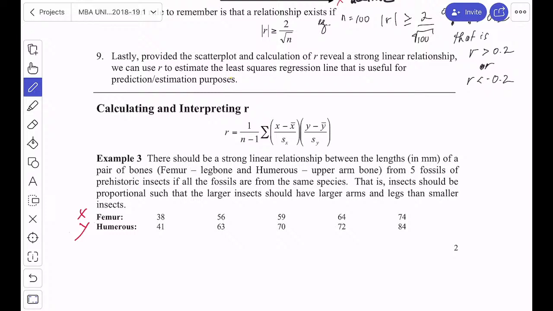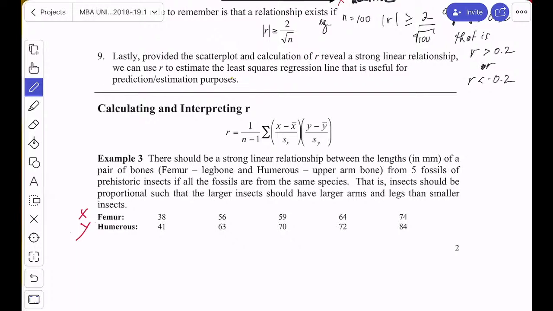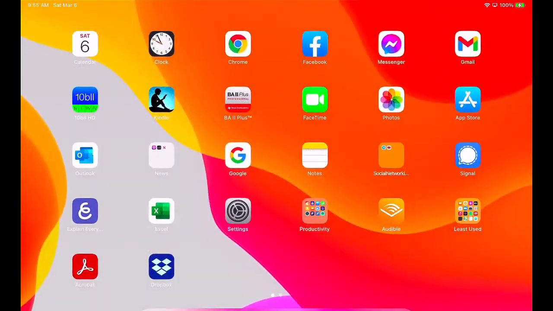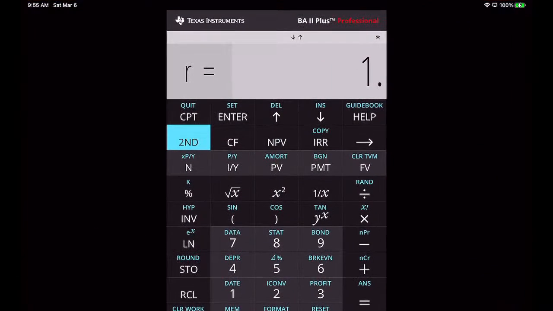I'm going to enter this now into my phone, sorry, my app for the calculator. This is the calculator I asked you to get. So let's enter this in with the pairs.